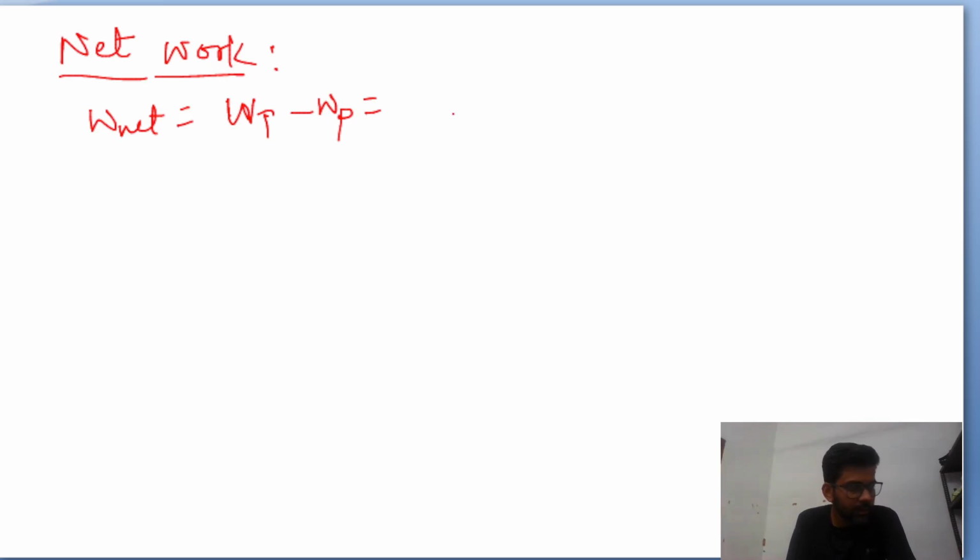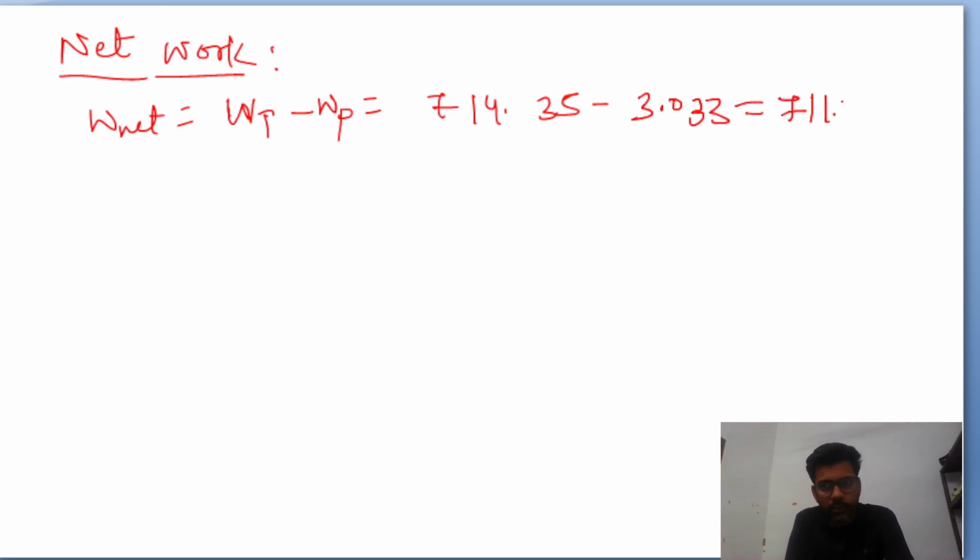So this is 714.35 minus 3.033, so this is 711.317 kilojoule per kg.